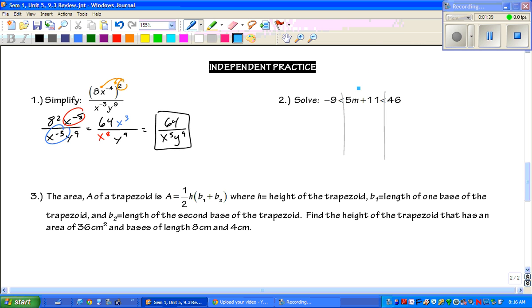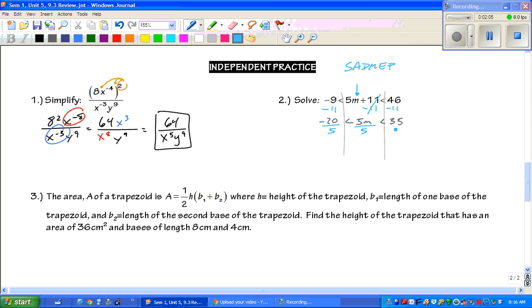Okay, this one, I'm going to solve for my variable, and we're going to do this by SADMAP, the reverse order of operations. So what I do to one side, I have to do to all of them. Negative 9 minus 11 gives us negative 20 is less than 5m, which is less than 35.